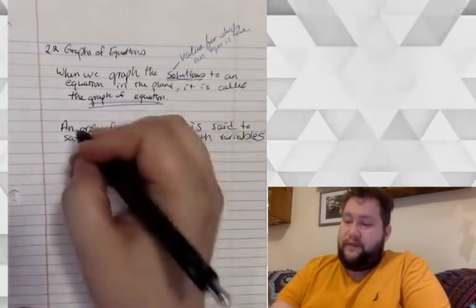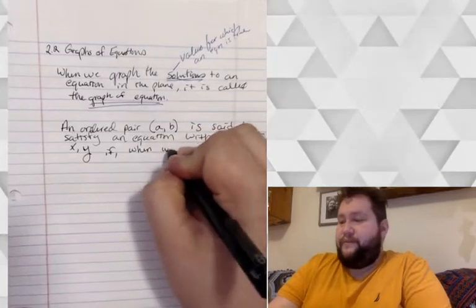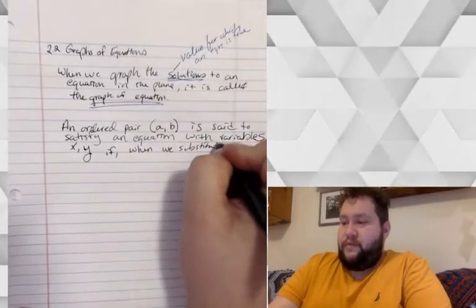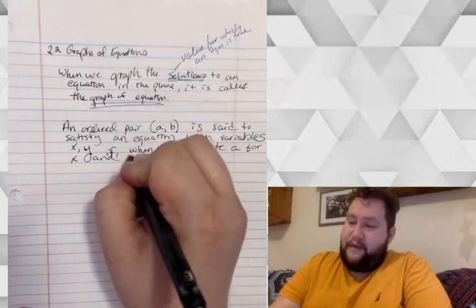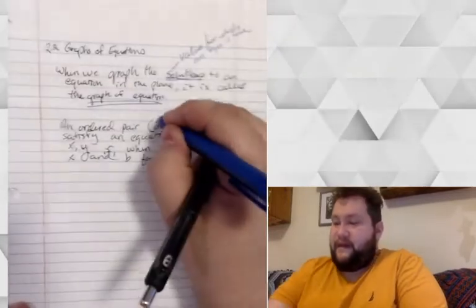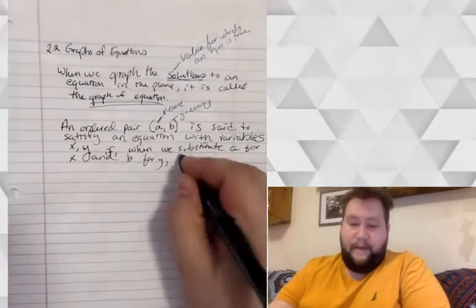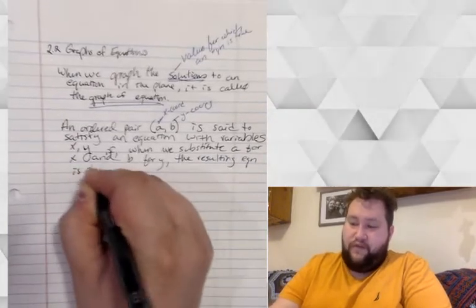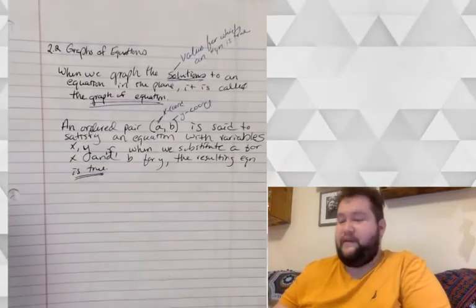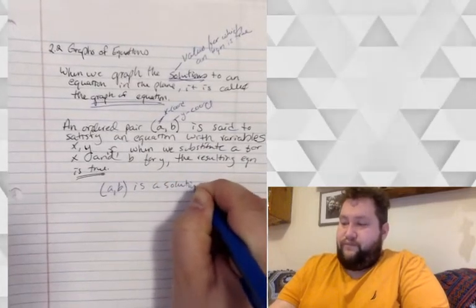But with two variables, x and y, if when we substitute a for x and b for y, because this a is our x coordinate and b is our y coordinate, the resulting equation is true, then we can say that (a, b) is a solution of that equation.